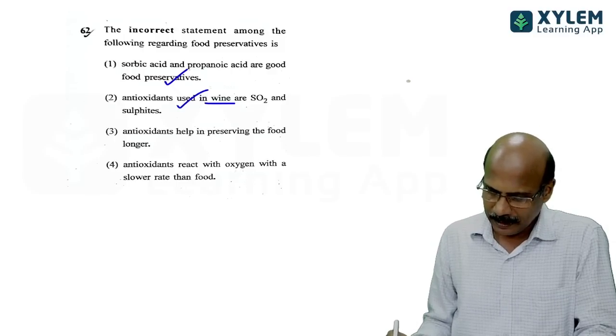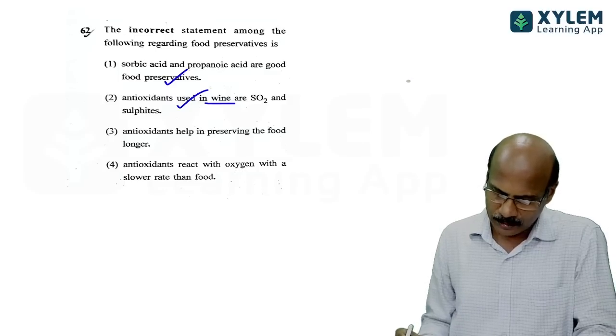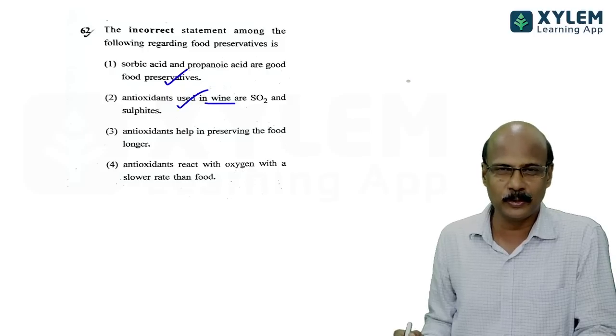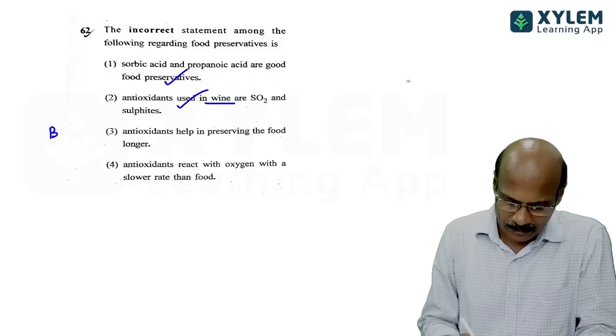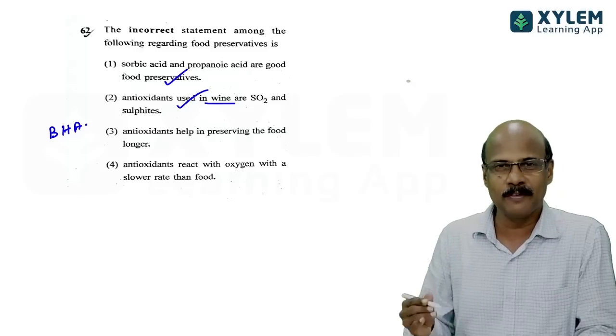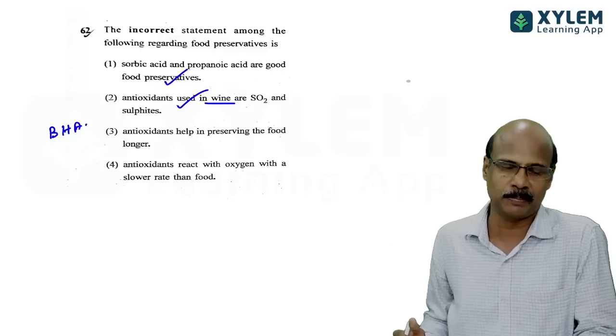Antioxidants help in preserving food. What is an antioxidant? It helps in preserving food longer, no doubt. You know that if you add the antioxidant BHA to butter, its life increases from a month to a year. That is given in your textbook.